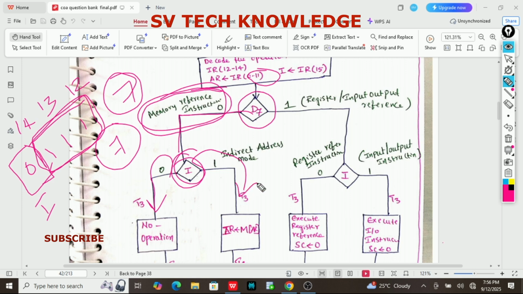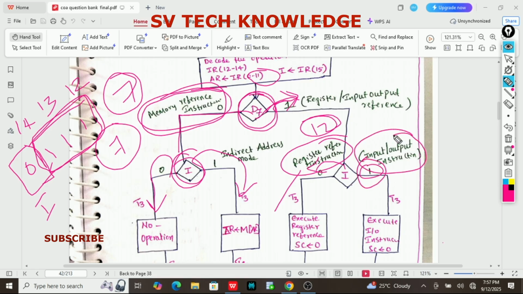If D7 is 1 and the I bit is 0, it is a register reference instruction, of which we have 12 instructions. And if D7 is 1 and I is 1, it is an input output instruction, of which we have 6 instructions.